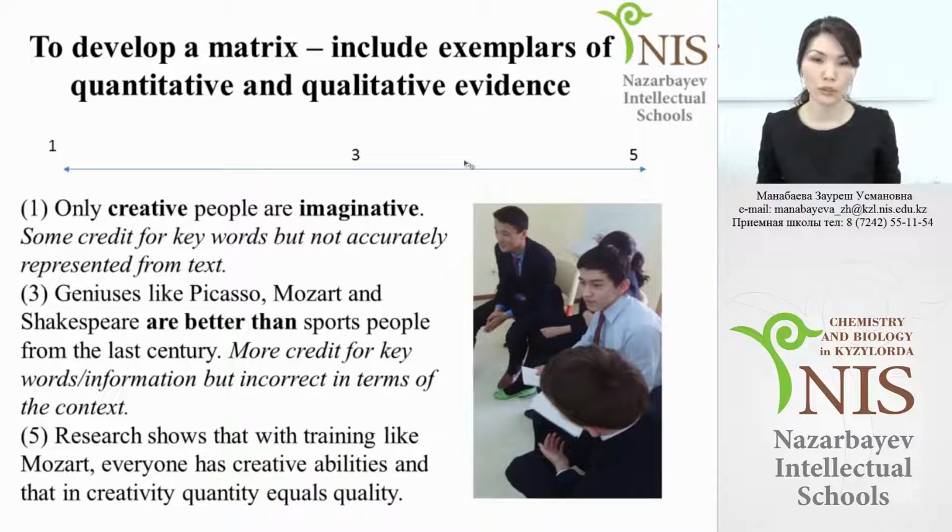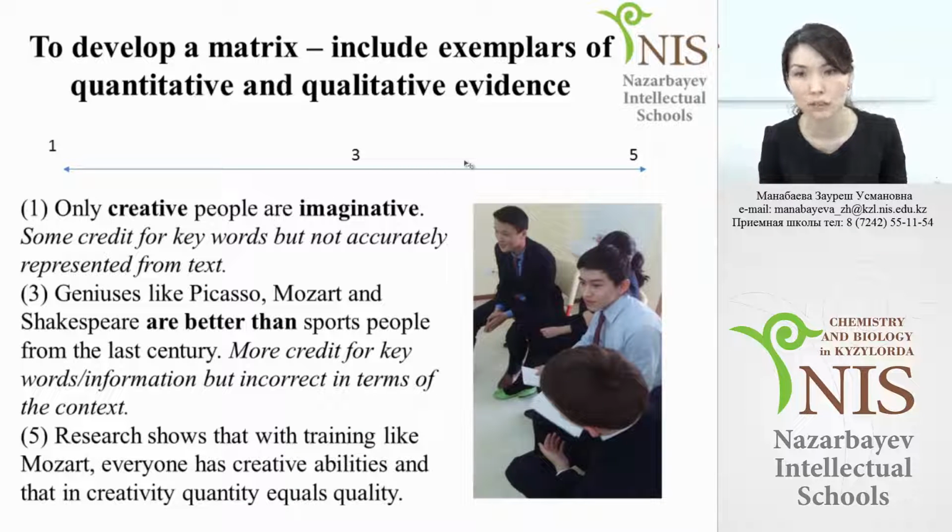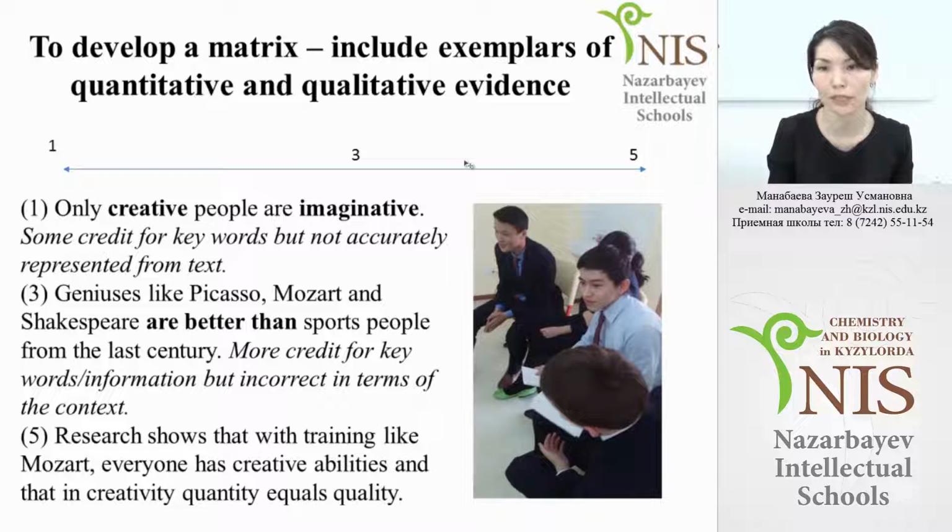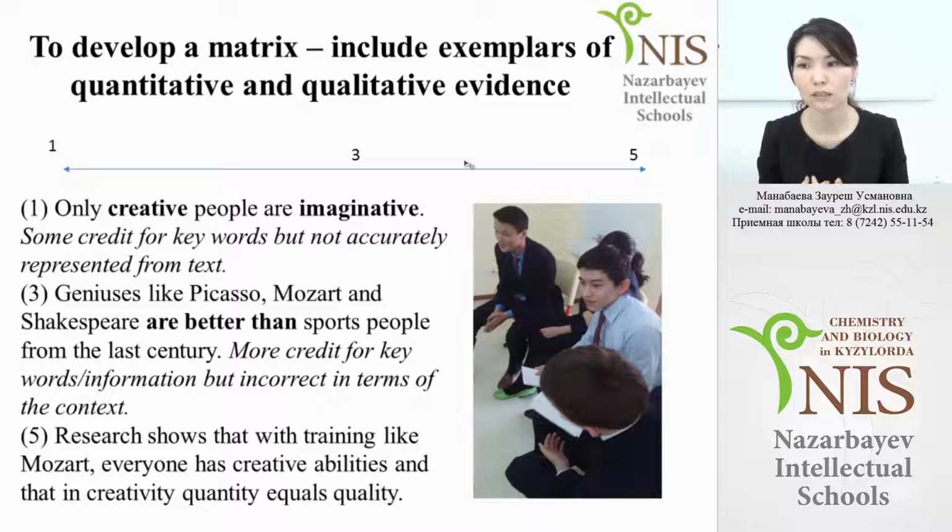So when you use a matrix, it's very important to include exemplars of quantitative and qualitative evidence, because first of all, students are not experts and they are not educated on assessing. So in order to help them to peer assess, we should help them by showing specific exemplars.